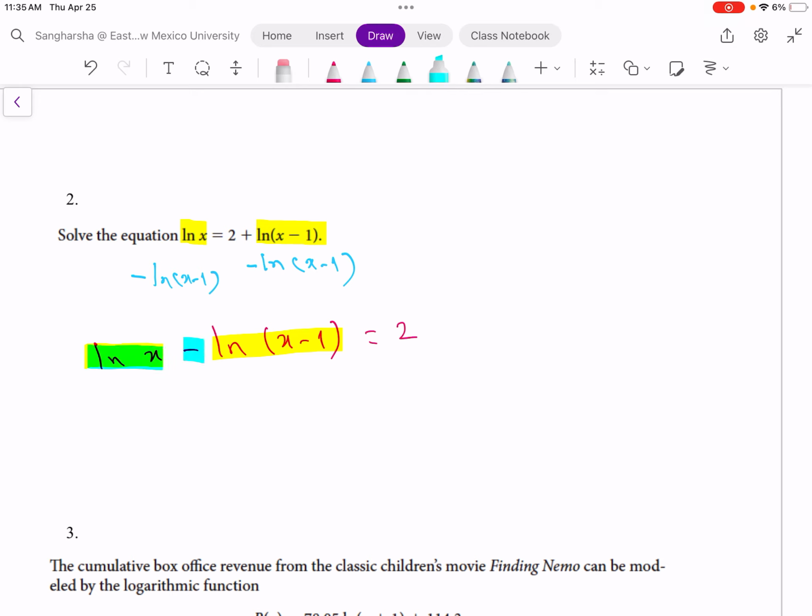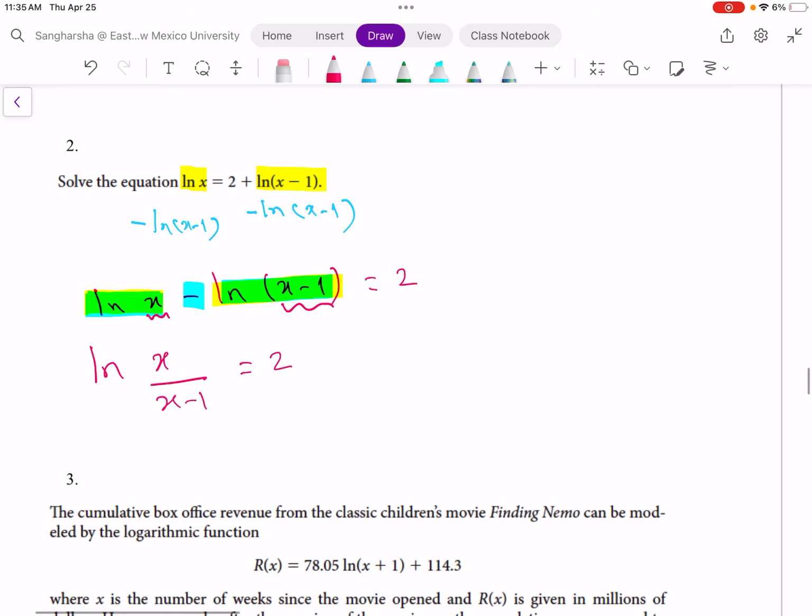And if we have a difference of 2 logs, what is that equal to? Log of quotient. This is your numerator x and this is your denominator x minus 1 equals to 2. So you are writing in a single log expression.